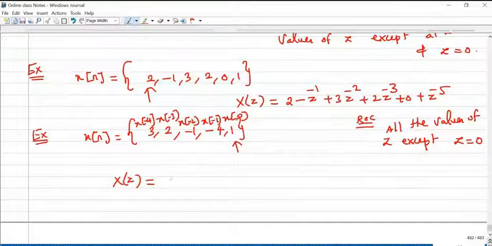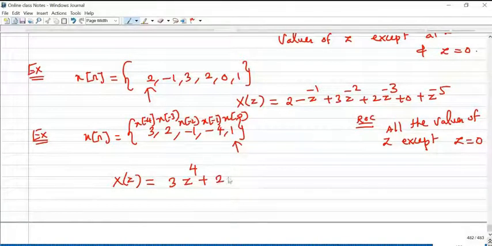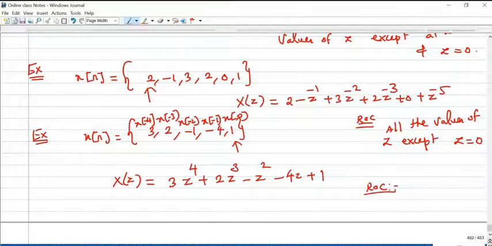Okay. So we will get 3z power 4 plus 2z cube minus z square minus 4z plus 1. So for this kind of negative sequence, the ROC is all values except at z equal to infinity.